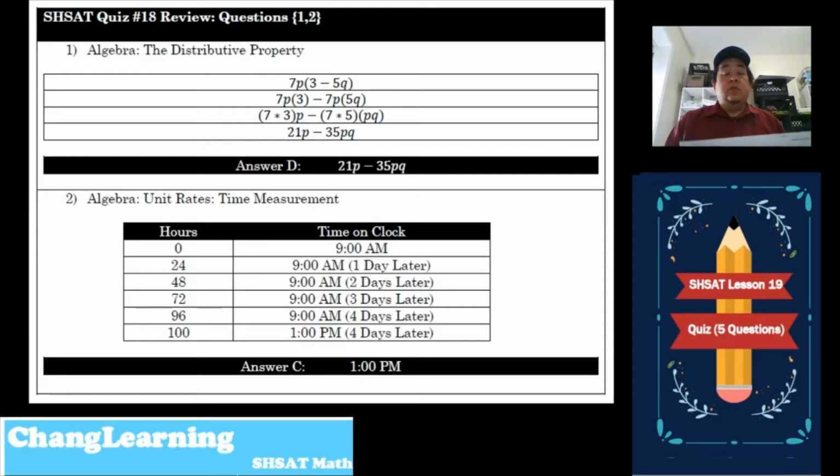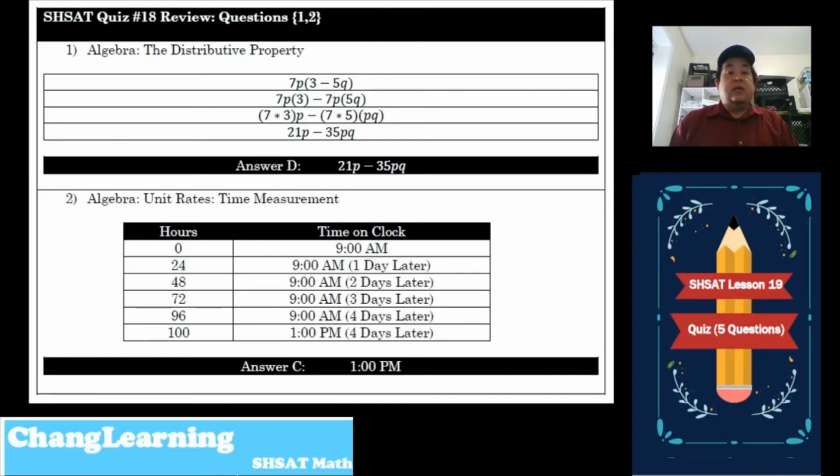Okay. Question 1 was 7p times (3 minus 5q) equals, which was an algebra question testing the distributive property. Starting with the expression as given, we're going to take 7p and multiply it into both terms. So we'll have 7p times 3 minus 7p times 5q.